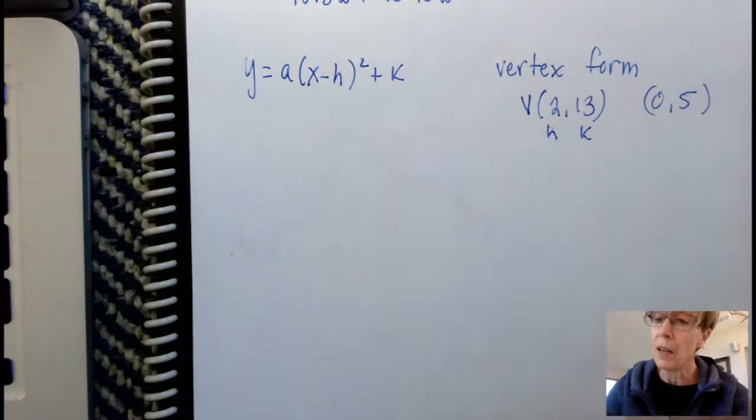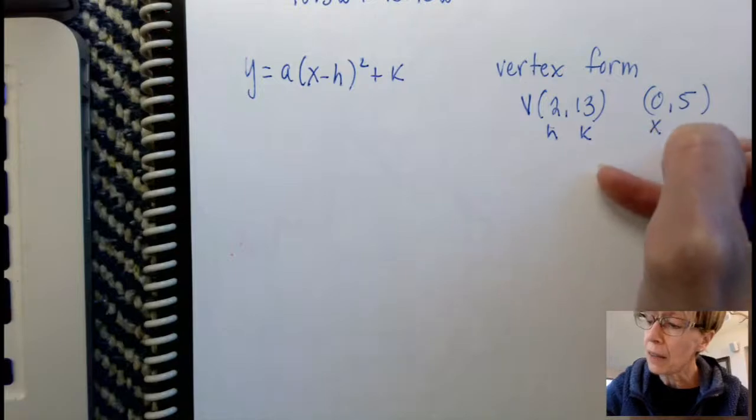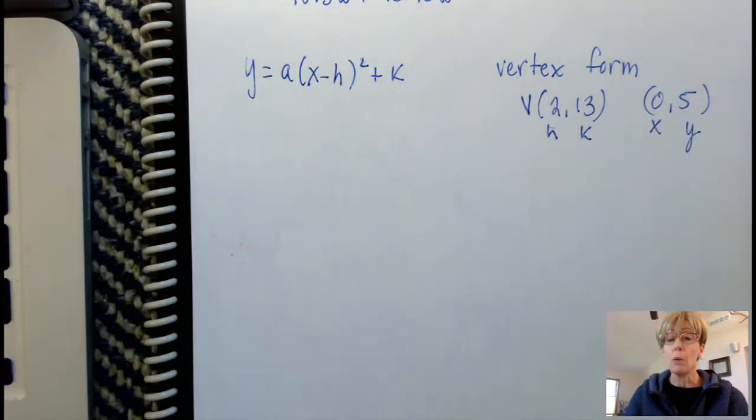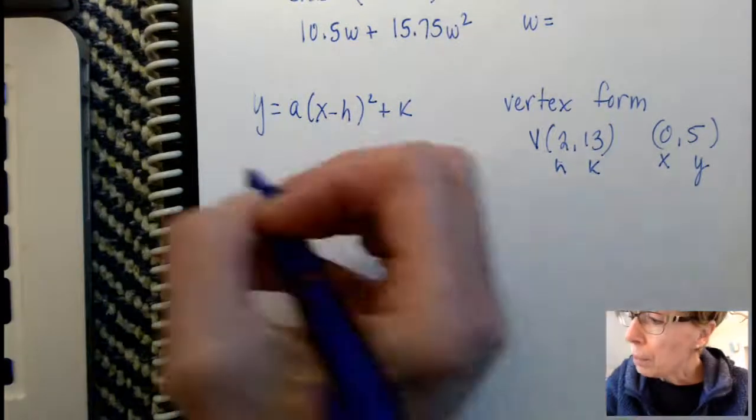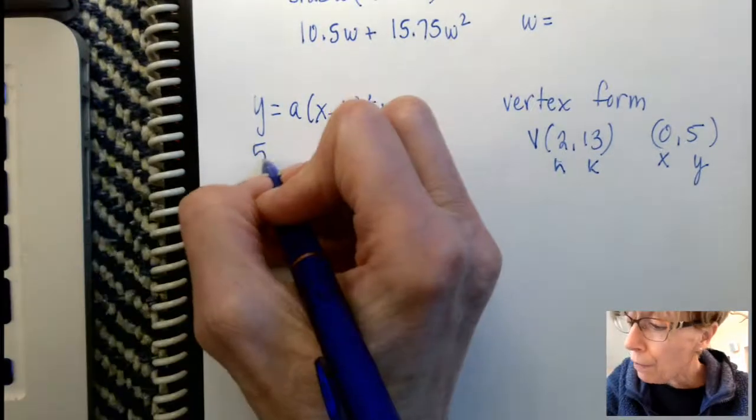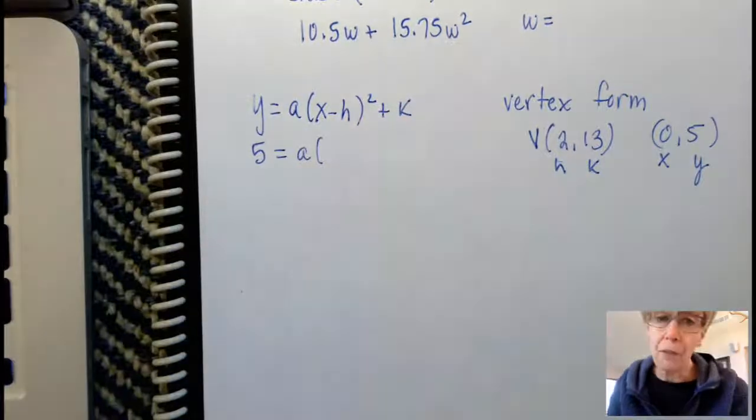We're trying to find A in this equation. X is 0 minus H, which is 2. 5 equals A times negative 2 squared plus 13. And negative 2 squared means negative 2 times negative 2, which is positive 4.